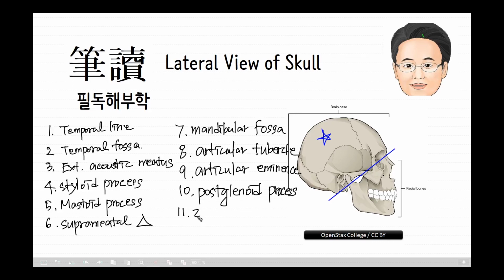Number 11, zygomatic arch. Number 12, zygomatic process of temporal bone.